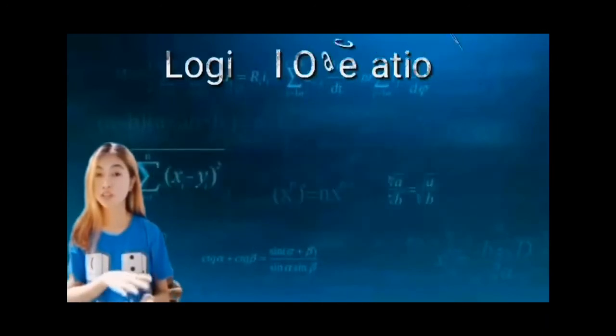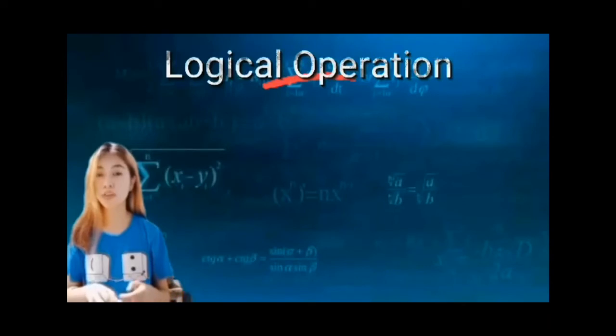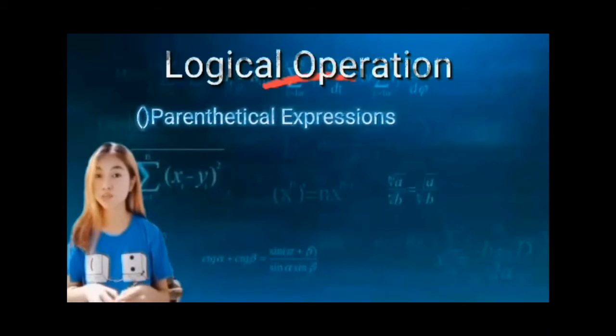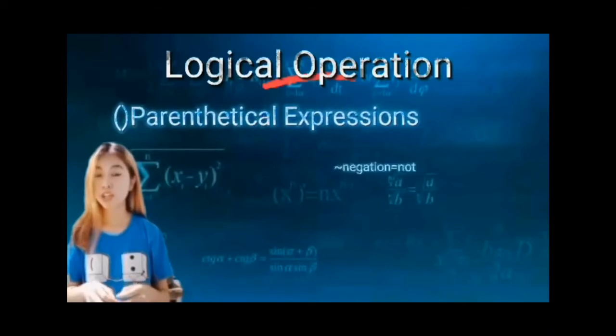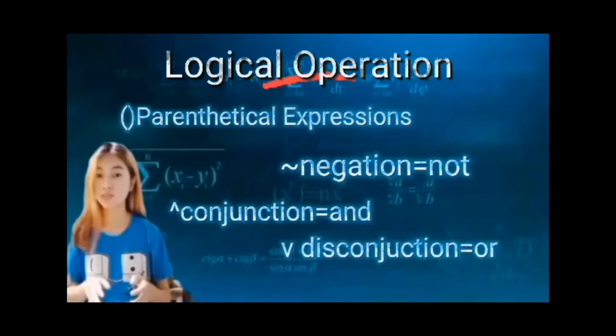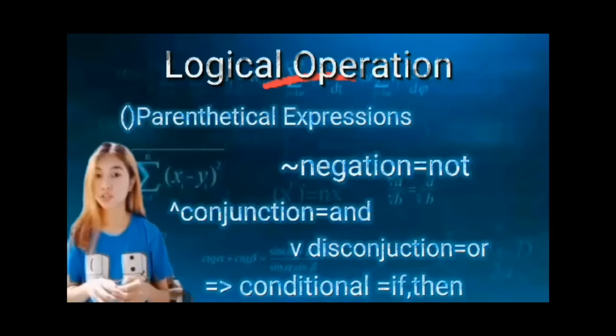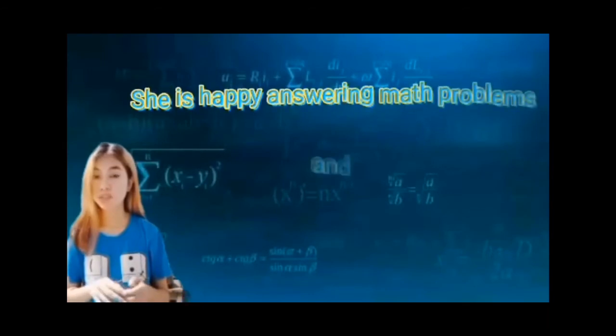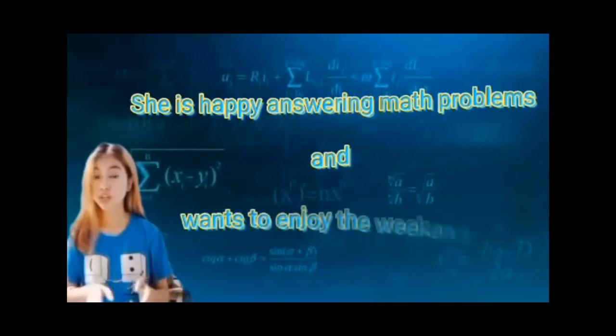Examples on how to write compound statements into symbolic form. The parenthetical expressions, and conditional. These compound statements consist of two parts. So the statement here is, she is happy answering math problems and wants to enjoy the weekends.